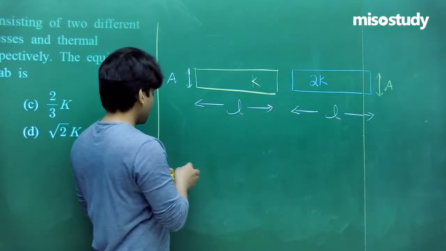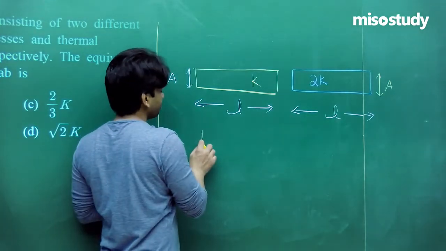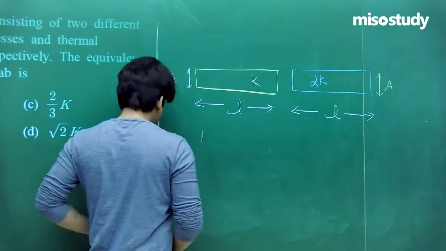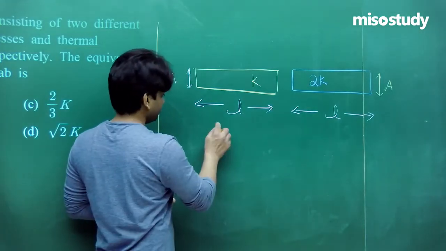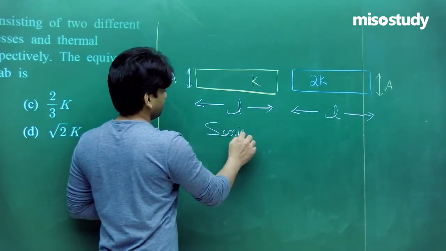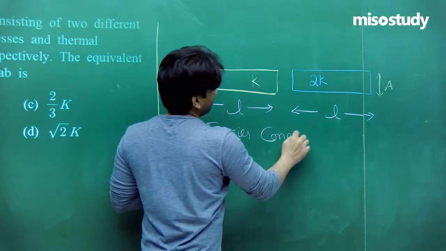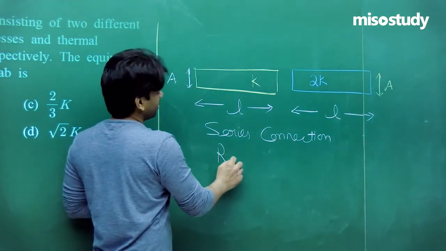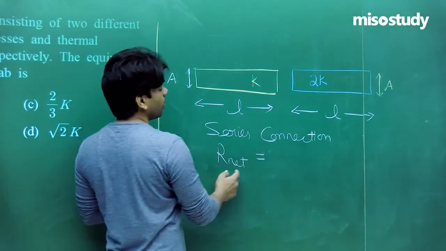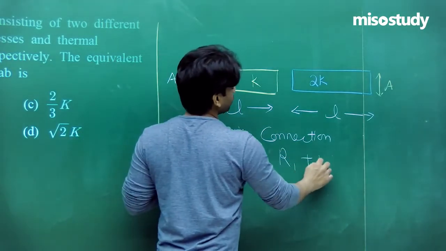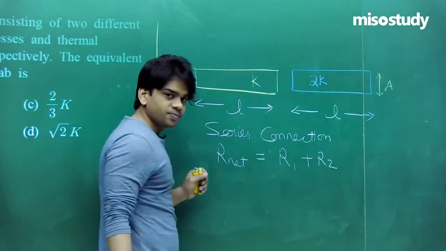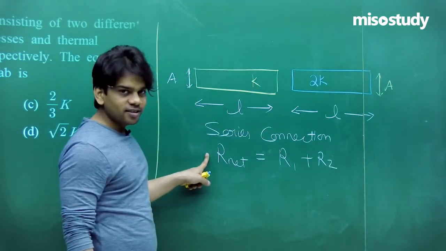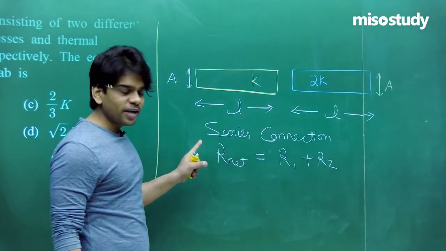So after joining in series connection, we can write that the net heat resistance will be equal to the individual heat resistance of each rod. Resistance is given as L by KA.